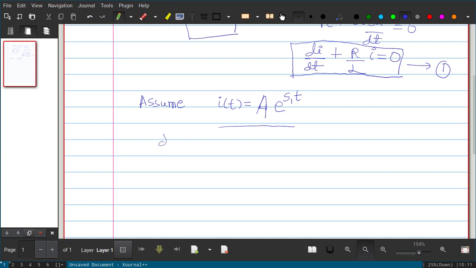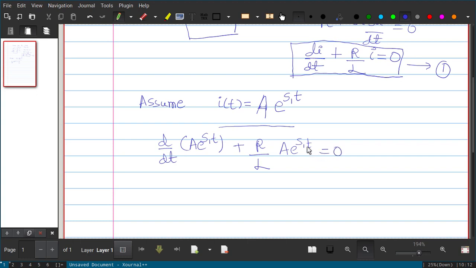So d by dt of i means here A into e power s1 t, plus R by L into i, which is again A into e power s1 t, equal to 0.